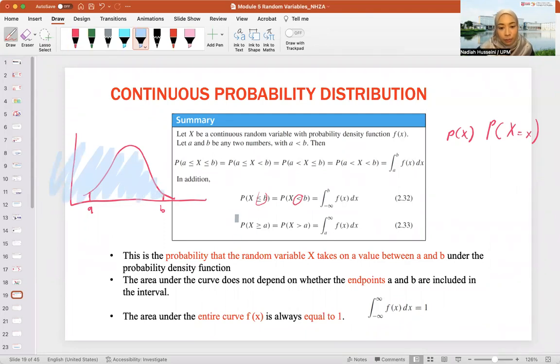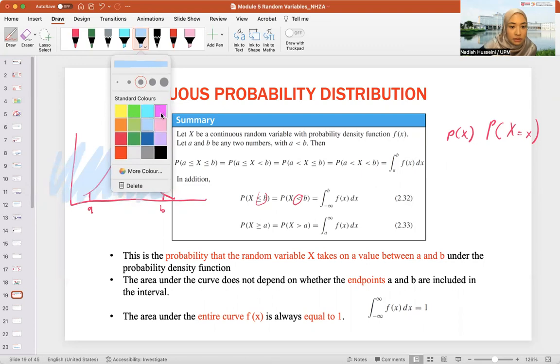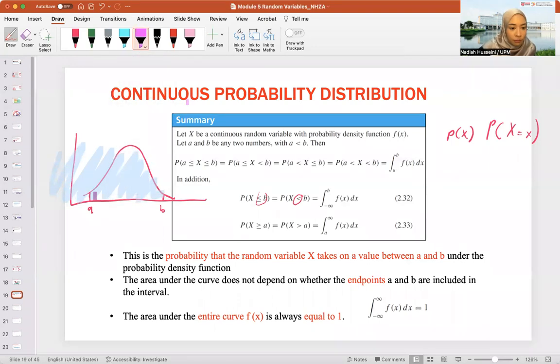And if my probability of random variable X is greater than a, it means that I am integrating from a up to infinity. Let's use a different color. From a up to infinity, which covers this part. So the part that they overlap is just over here, right?